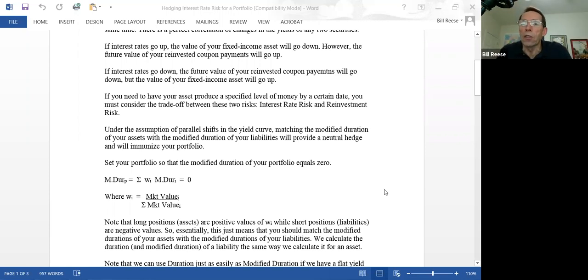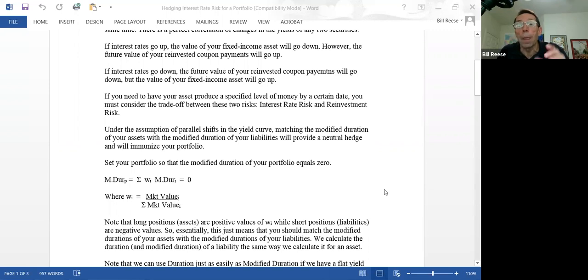Now, the reason why that's a reasonable assumption, not because that's exactly what happens, but because typically we do not need to completely hedge interest rate risk. A complete hedge of interest rate risk means that for a neutral hedge, the value of my portfolio won't change by one penny, if interest rates go up or interest rates go down.